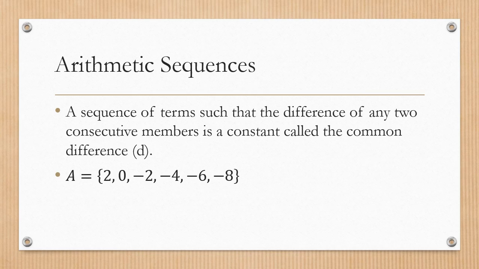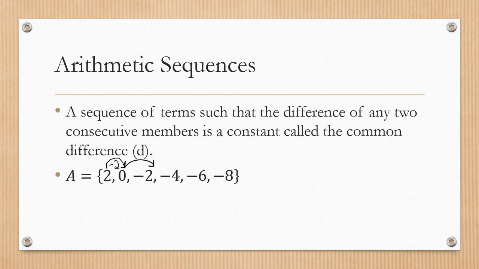If we have a sequence, as in this example, we have 2, 0, -2, -4, -6, -8, and this sequence is written in a list. To identify what kind of sequence it is, we need to find out what kind of pattern takes place in the sequence. As you can see, we have the first term, 2, and by subtracting 2 from the first term, we get to the second term, which is 0.